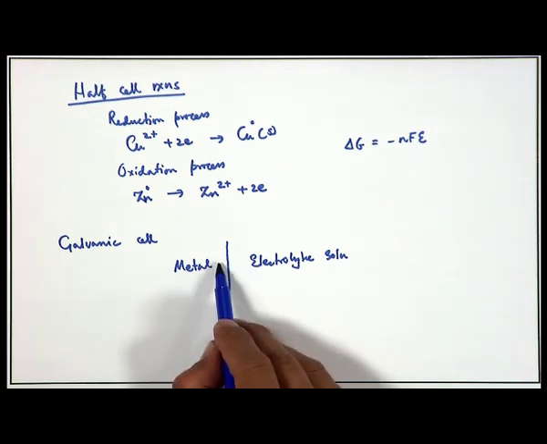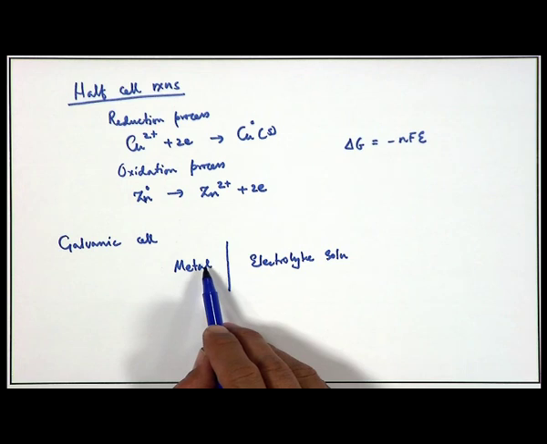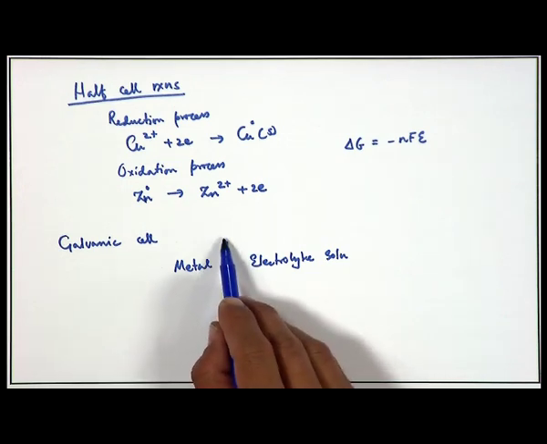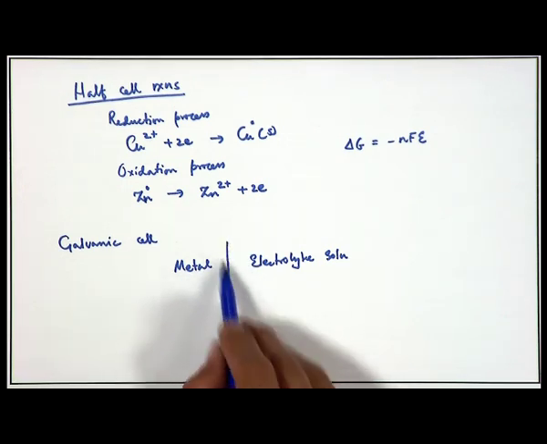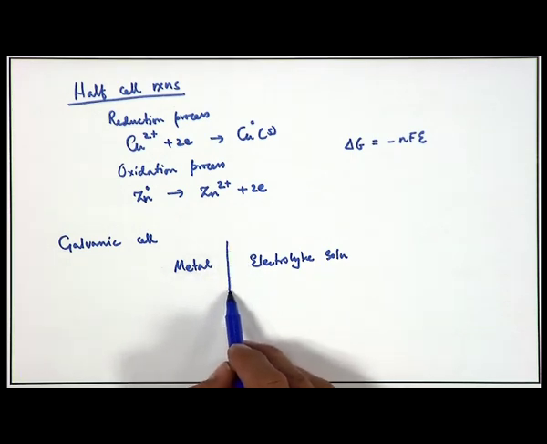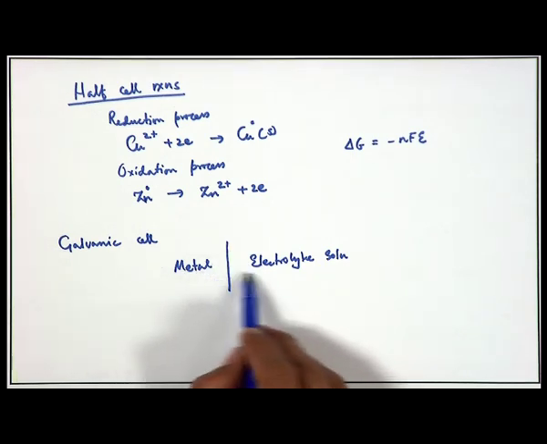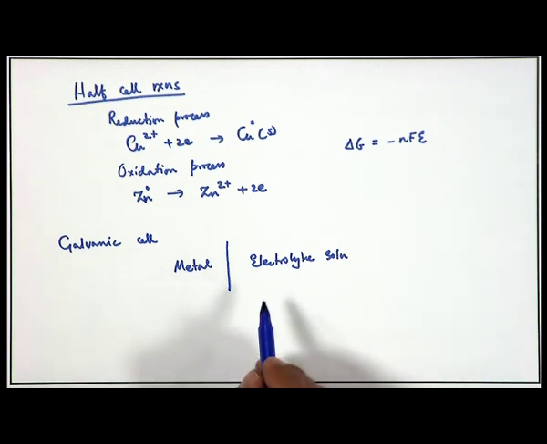Electron transfer from metal to electrolyte or electrolyte to metal happens at this interface. So, a single vertical line represents that this metal is dipped in this electrolyte solution, like copper dipped in copper sulphate solution.